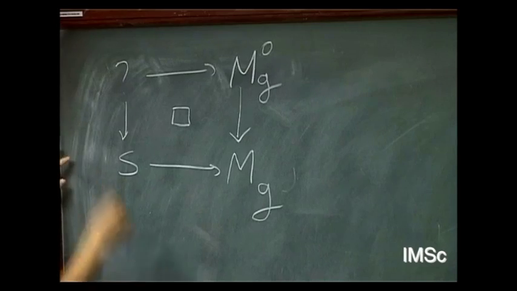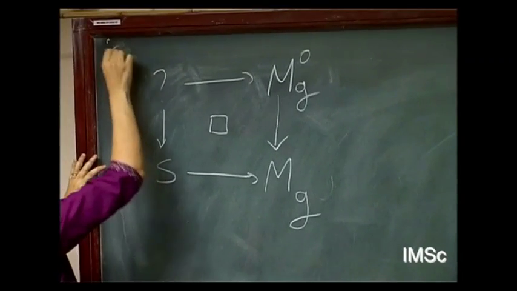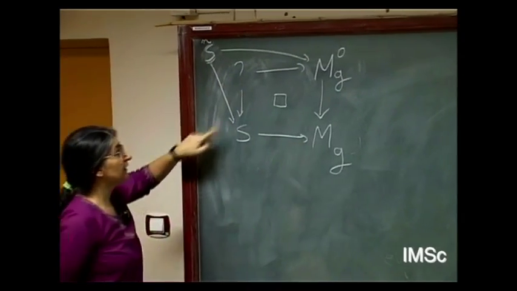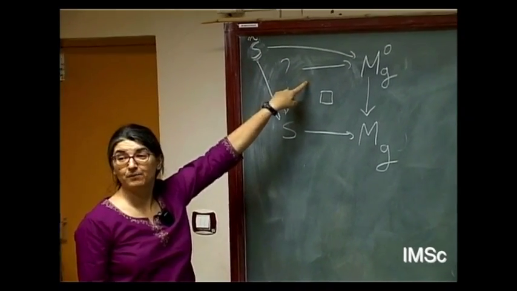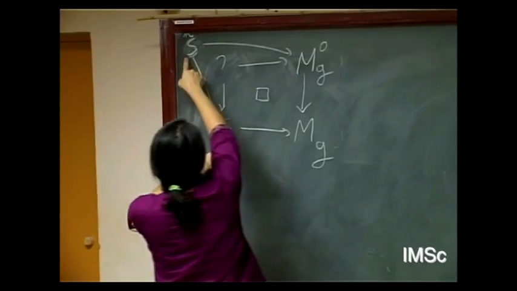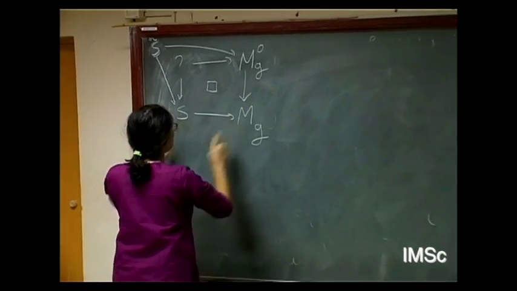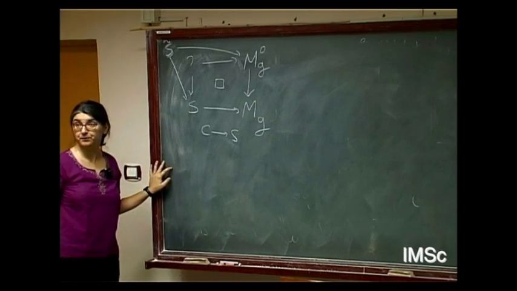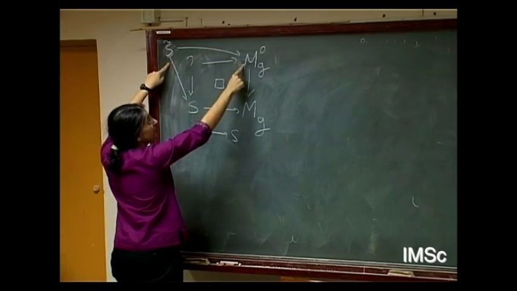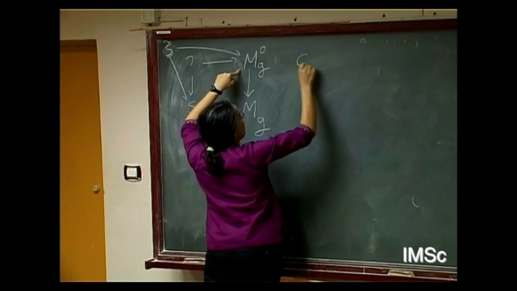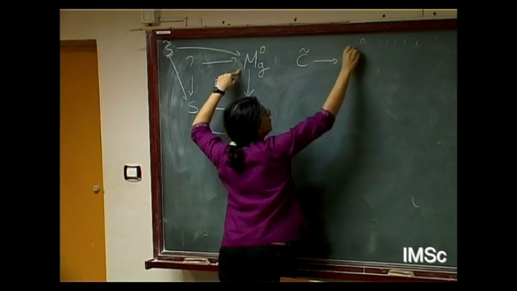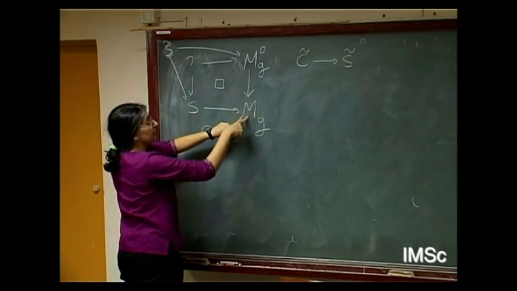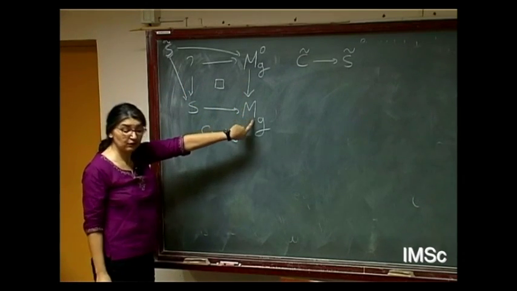So my question is, given any other S twiddle to S, assume I have S to Mg, this corresponds to a family C over S. S twiddle to M0g corresponds to a family C twiddle over S twiddle. And then what I want is the fiber product. Remember, this is a groupoid.